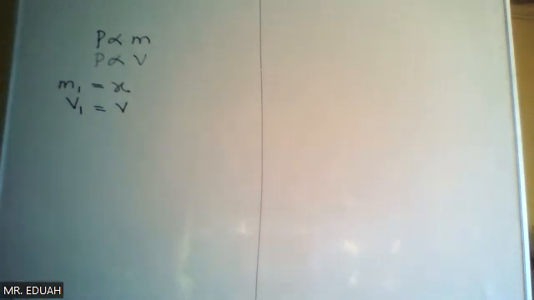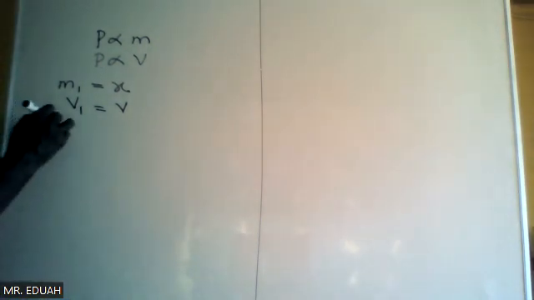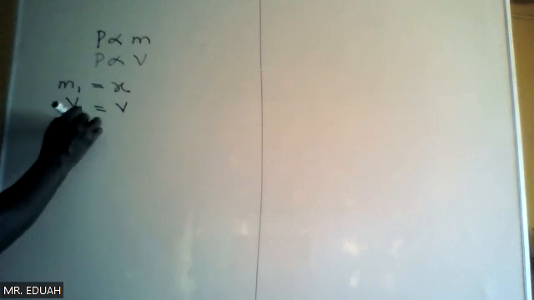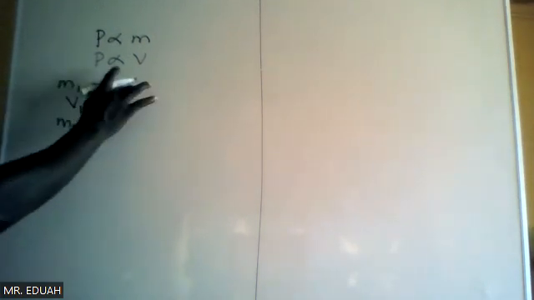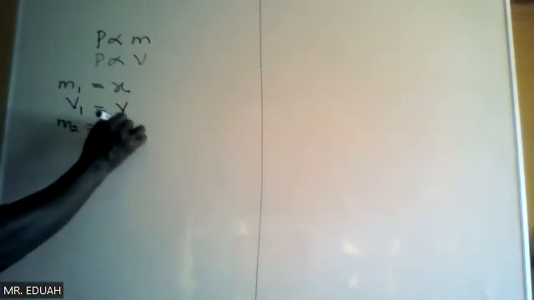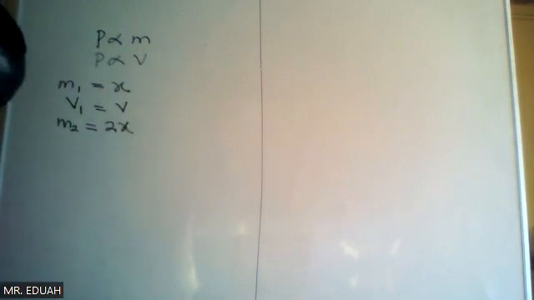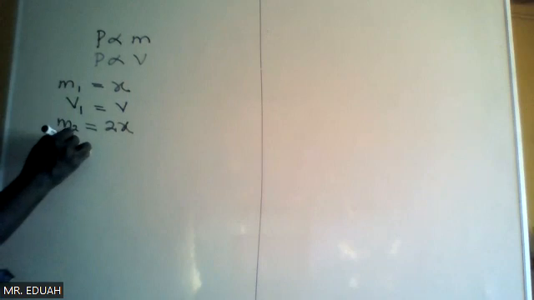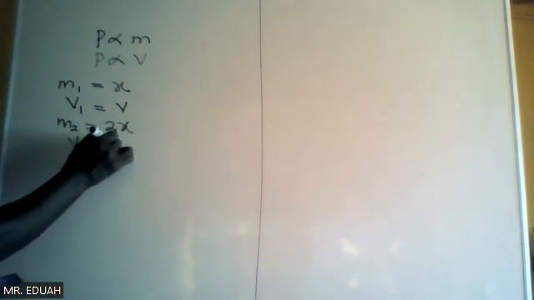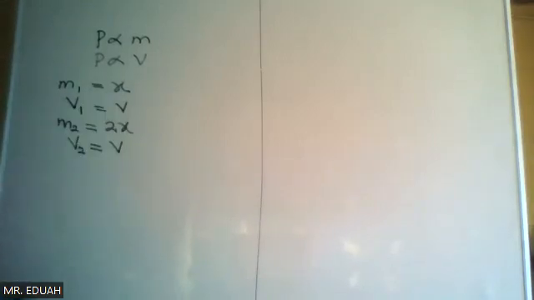Then in the second situation, the mass is doubled, M2 is 2 times x, and then the velocity remains the same. So v2 is equal to the same value of the initial velocity v.